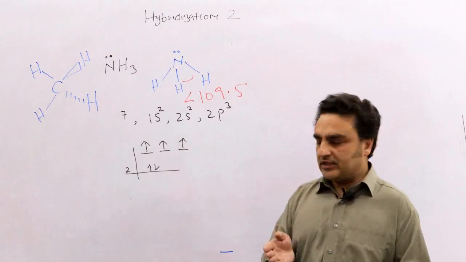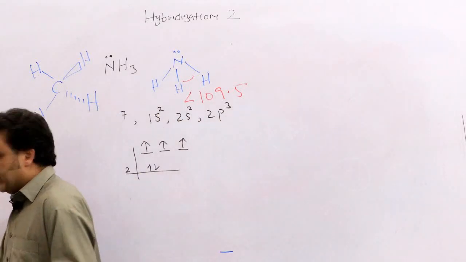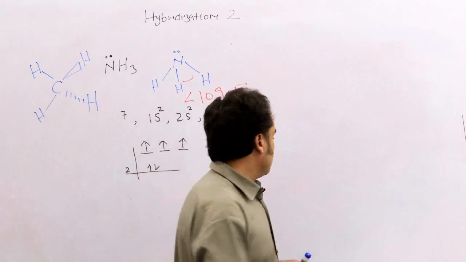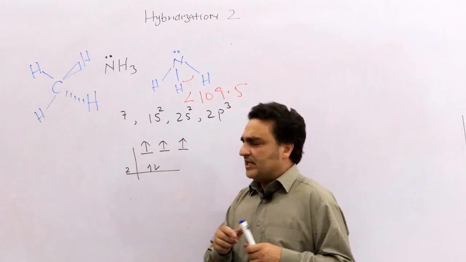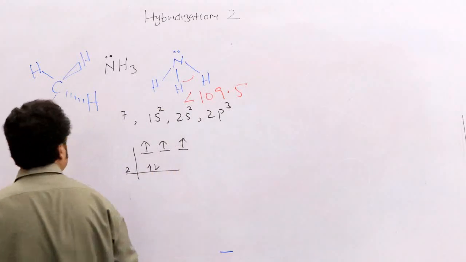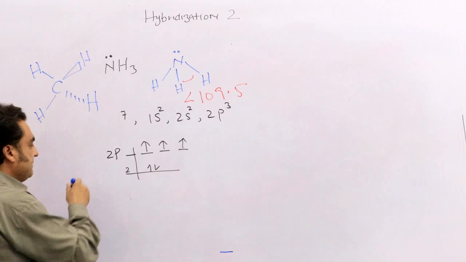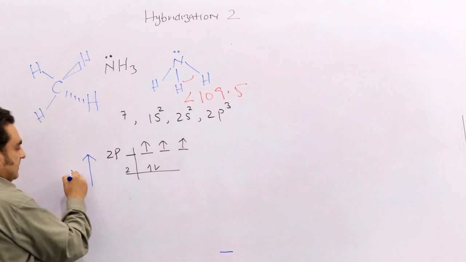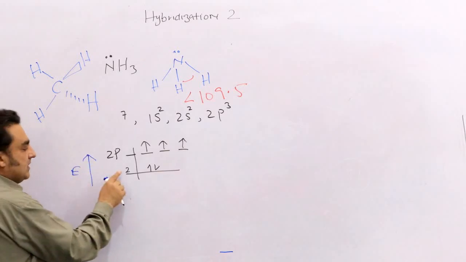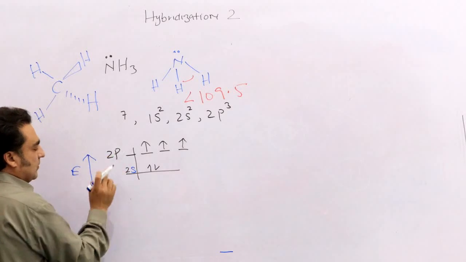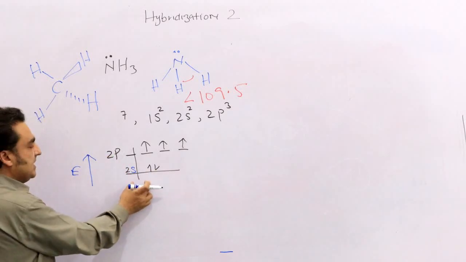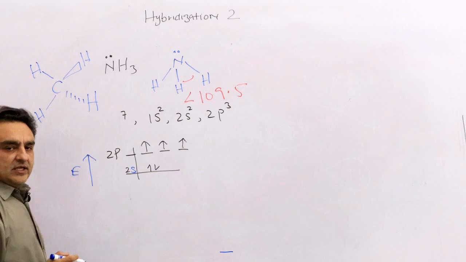So this excitation will not be a fruitful one. Let me tell you one more thing. On the energy axis, the 2s orbital has less energy than the 2p orbital.